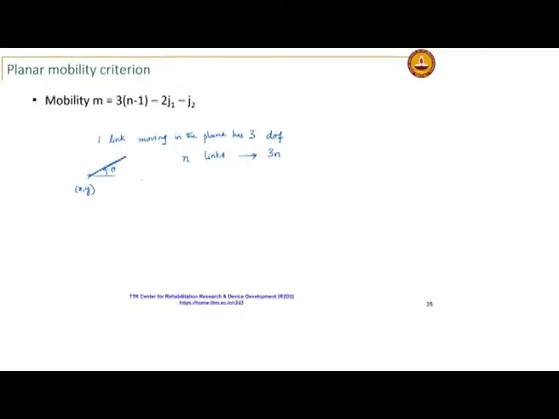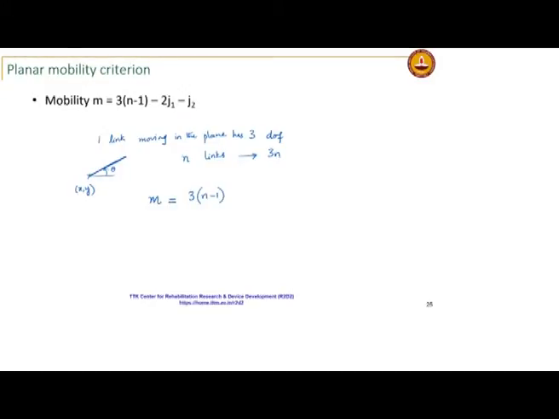Before that, in a mechanism I have to fix one link. Once that link is fixed, it loses all its degrees of freedom. So, for the mobility of the mechanism, I had 3n, and because I have fixed one link, I have 3 times (n minus 1).